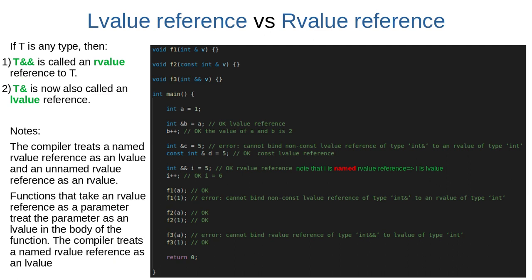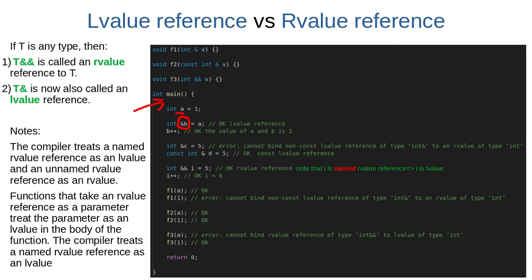Let's see examples of lvalue and rvalue reference, in the main function. So integer a, we define a as an lvalue, and b is an lvalue reference. Both a and b are different names for the same location, so they have the same address.